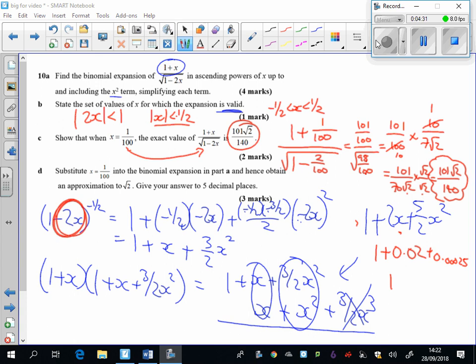If I add all of that up, that gives me 1.02025. That's that bit there. If I want to know what root 2 is, I'm going to need to times that by 140 and divide by 101, and it will give me the answer 1.41421, which is pretty close, but not exactly right.